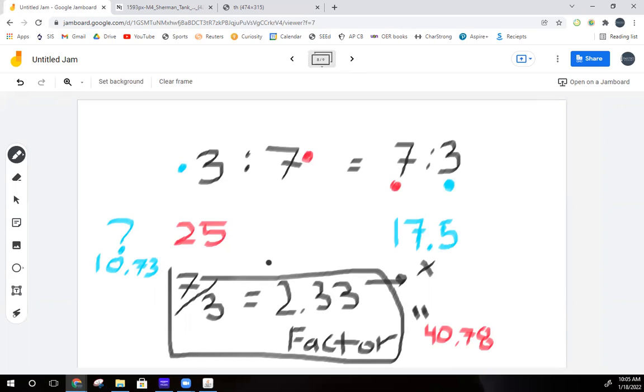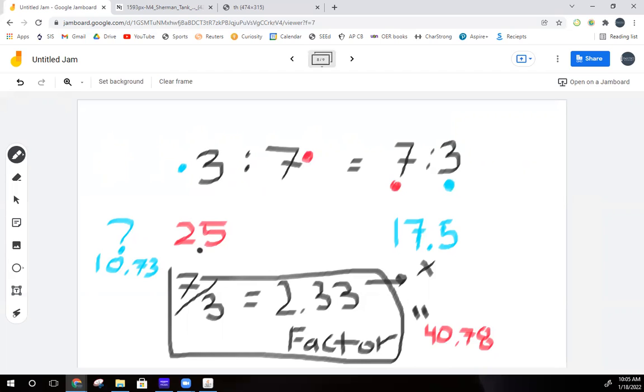Again, this is just comparing ratio factors. If we have 25 moles of the red in a ratio of 3 to 7, that means that we take our mole factor, our ratio factor, and we have 7 of this, we divide by 2.33, and that gives us 3.